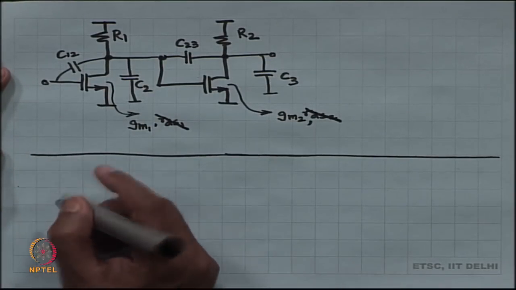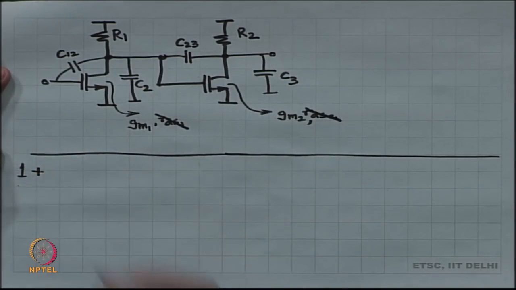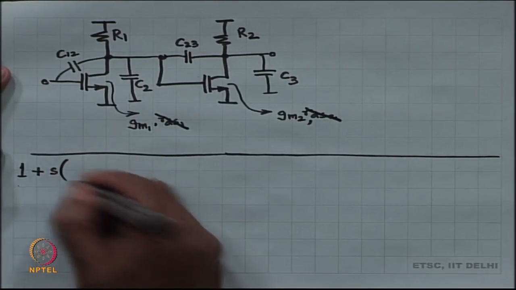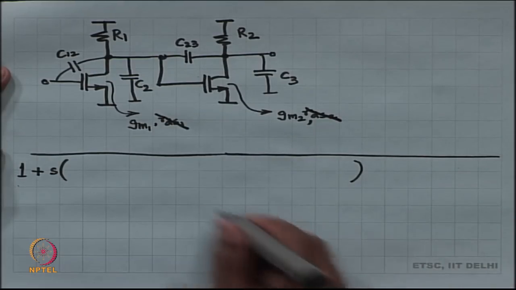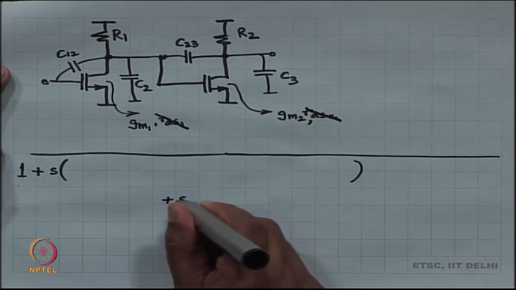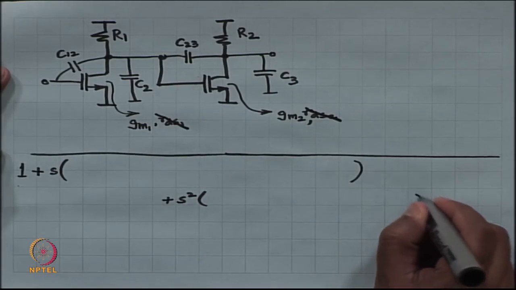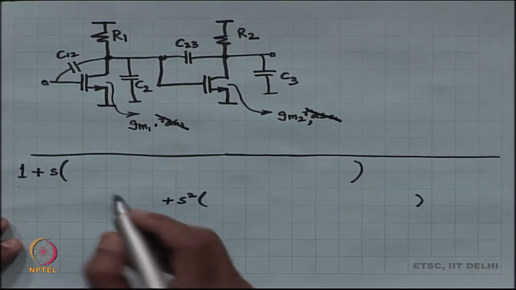The denominator polynomial looks like this, it is 1 plus s times plus s squared times. Okay. And let us start with the s.